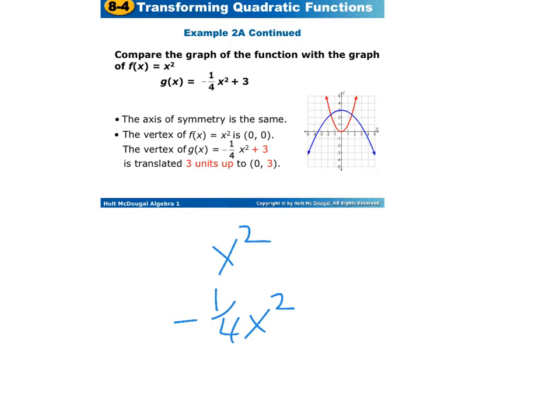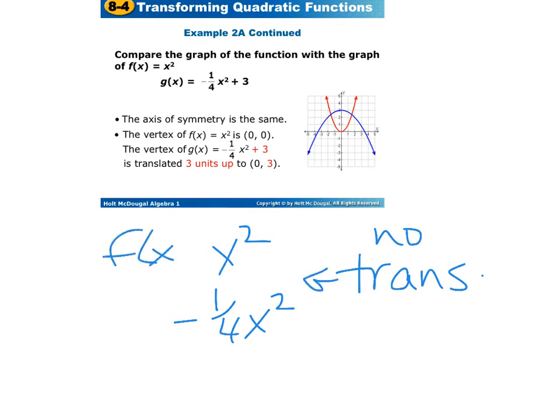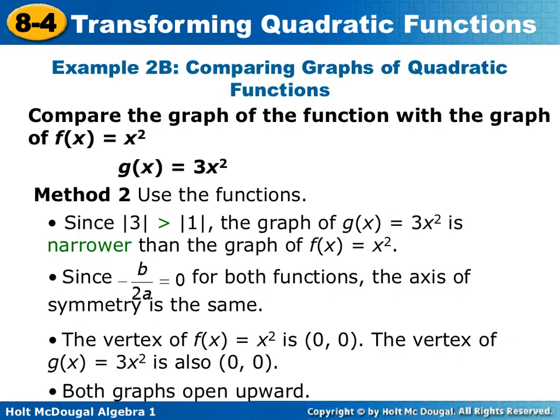This one would not have a translation. So no translation if these were the two equations. When there's not a c, it's not sliding. The only thing that's going to change here is the direction and the width. Yes. If it's 0, does it stay the same? For which number?